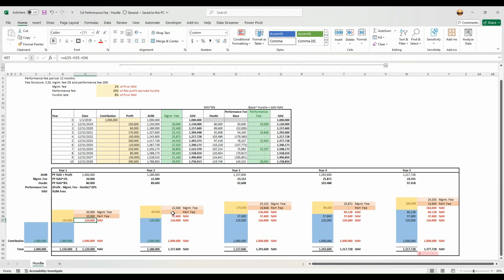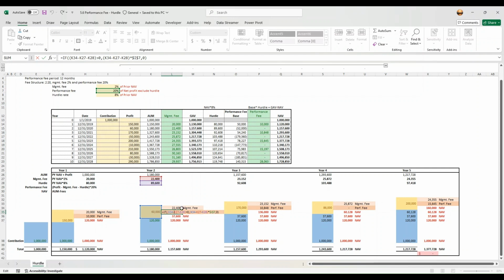In the second year, we make the situation a little bit different. We set the profit as $60,000. This $60,000 will be enough to pay 2% of the management fee. However, it will not be large enough to cover both the management fee and the hurdle. In this situation, we have the formula set here.